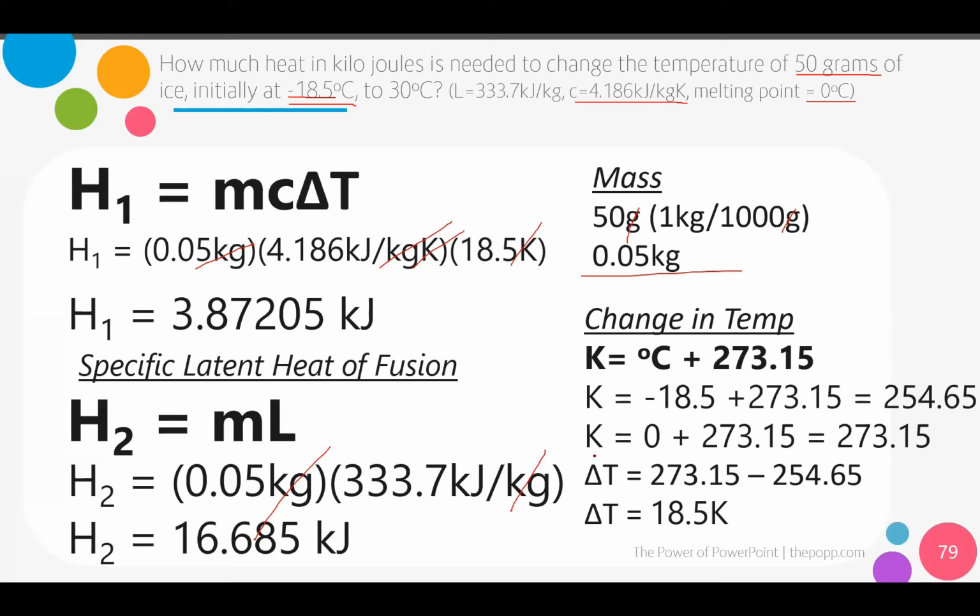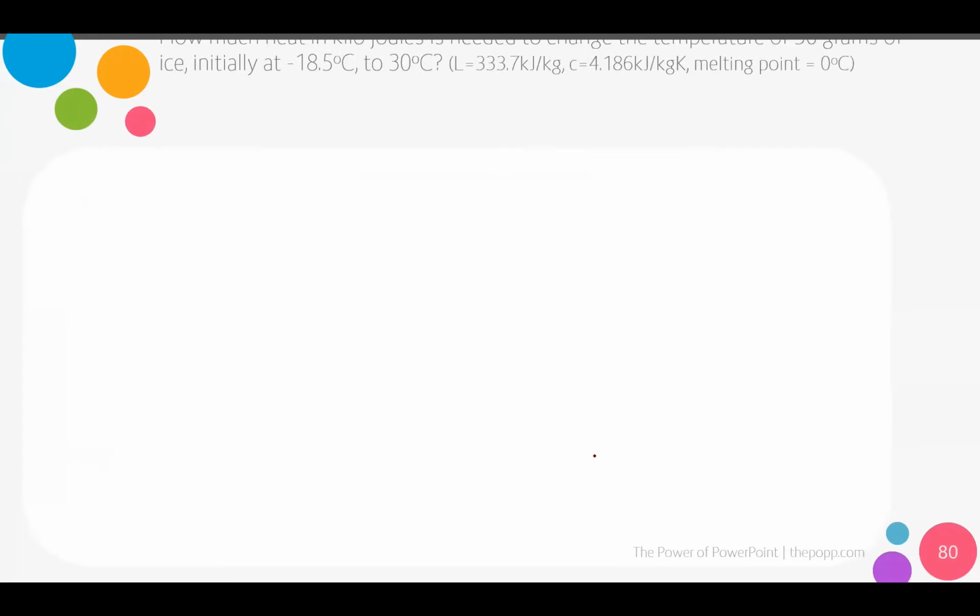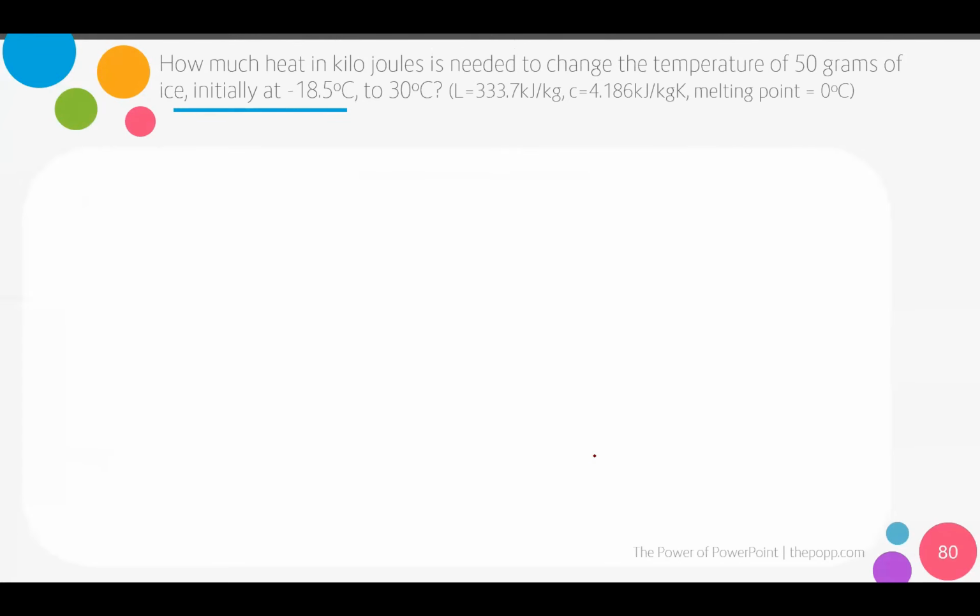from solid to liquid. Then after changing its state, since it continuously absorbs heat, then tumaas yung kanyang temperature up to 30 degrees Celsius. So next, since nag-continue sa pagtaas yung kanyang temperature, so kunin natin yung kanyang heat absorbed during the increase of temperature after changing the state of the object.